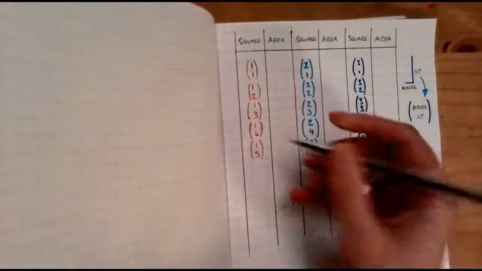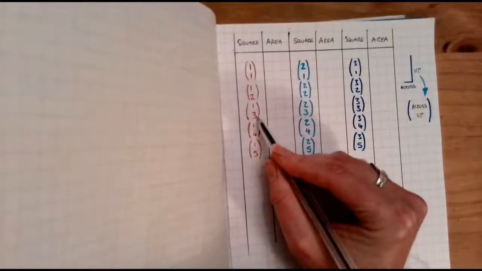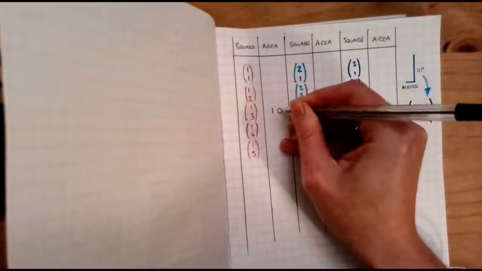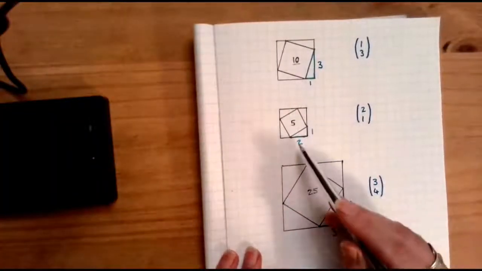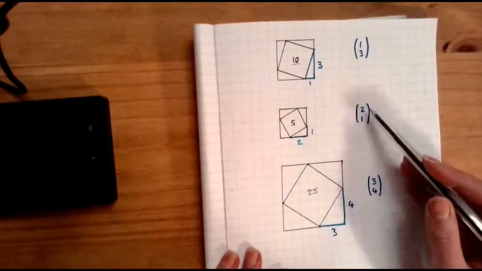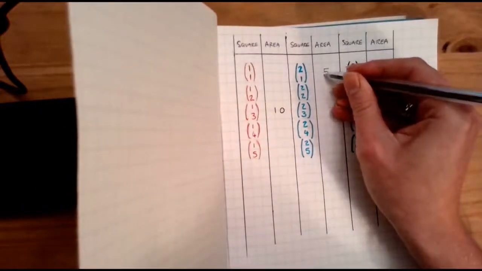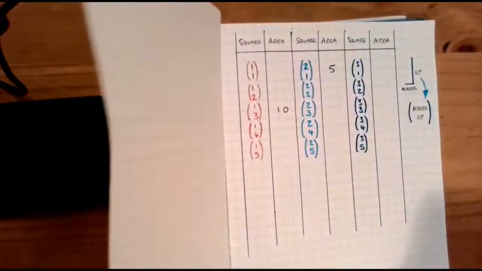So here we've got our one that is across 1 and up 3. And so we're going to put in an area here of 10. Okay. This one we've got across 2, up 1, with 2 and then 1. So we can find that here, and we know it's going to be an area of 5. So we write that into our table.